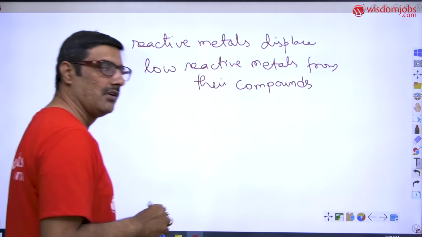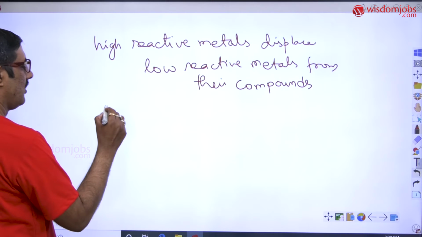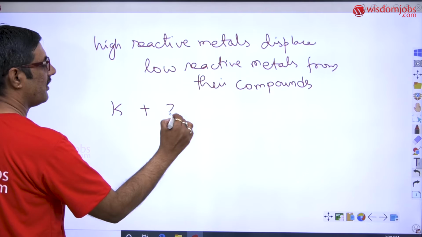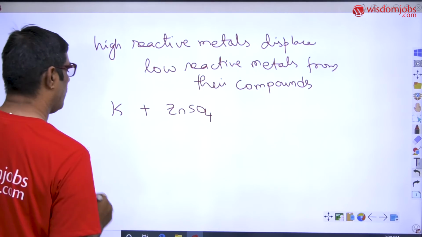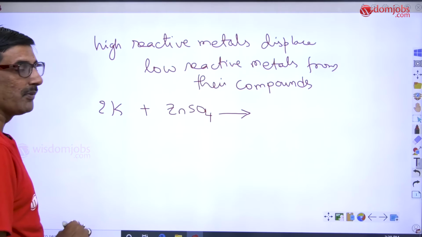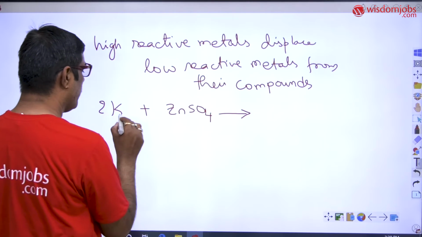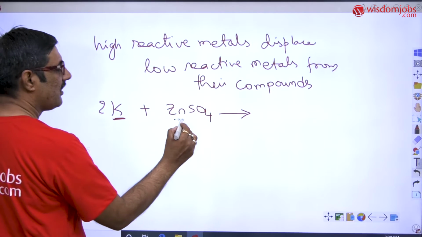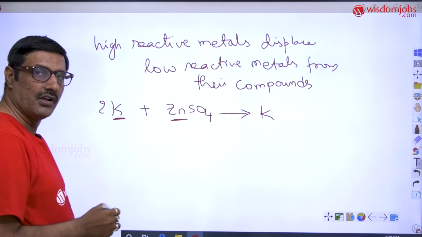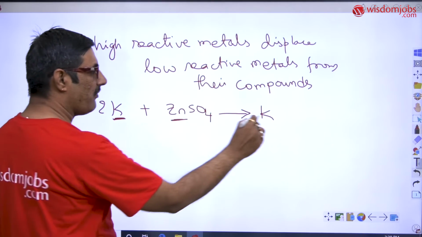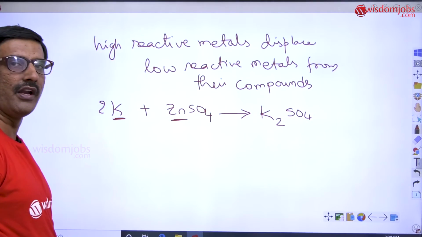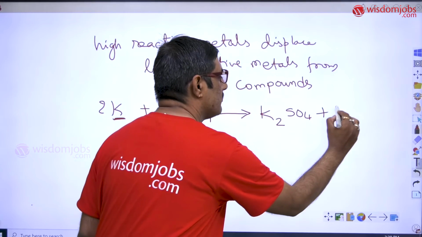For example, let us take potassium and zinc sulfate. The zinc from zinc sulfate will be liberated by potassium, because potassium is highly reactive and zinc is not that reactive. So from ZnSO4, zinc is displaced by potassium, forming K2SO4, which is potassium sulfate, plus zinc.